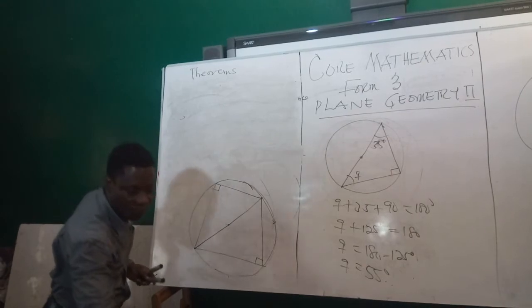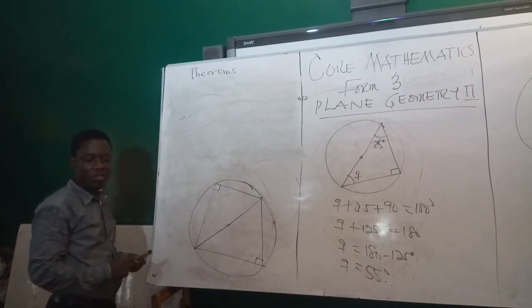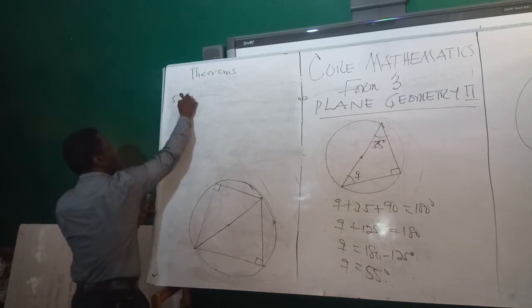Theorem number 5 states that the opposite angles of a cyclic quadrilateral are supplementary. Very important. Number 5.